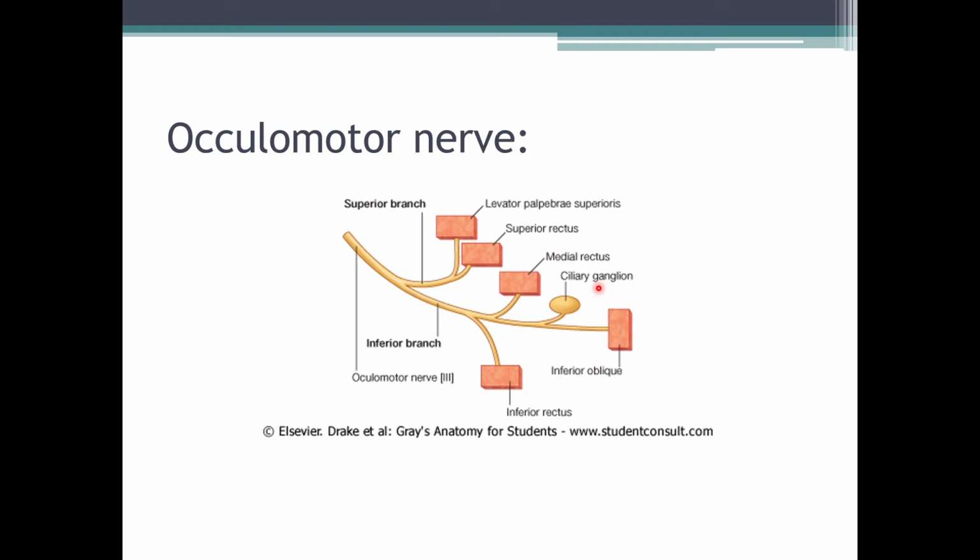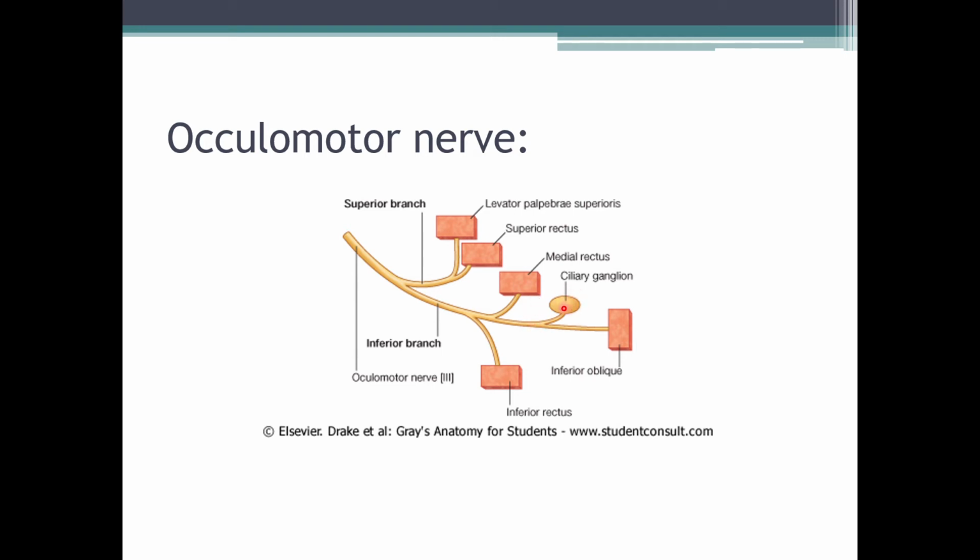The oculomotor nerve has a few functional components. The main component is the general somatic efferent, for the movements of the eyeball, and the other one is the general visceral efferent, for the parasympathetic supply to the pupil via the ciliary ganglion.